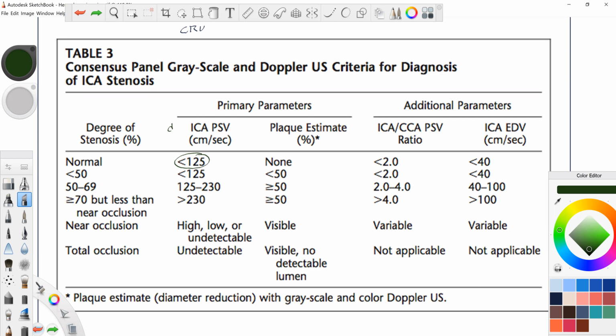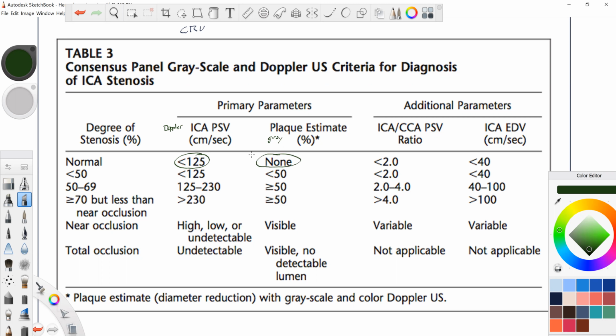First one is capital D. Less than 125, nothing seen.